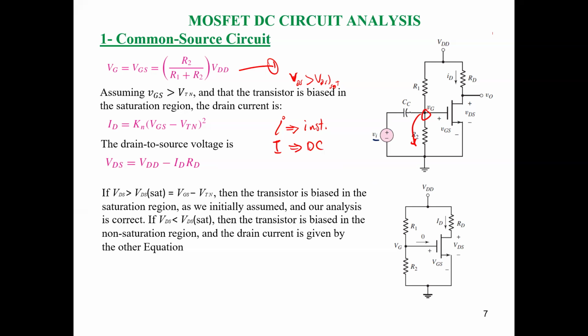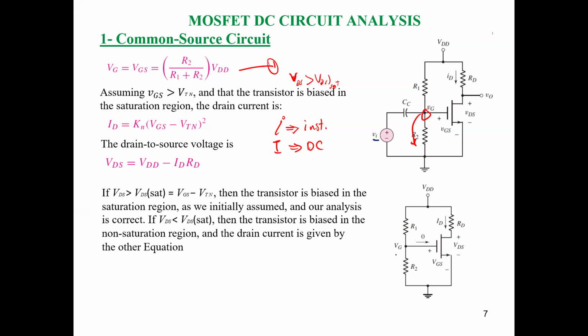For this capacitor, guys, if you have DC current, the DC current is not going to flow in this capacitor. So this is an AC coupling capacitor, and it will prevent the DC from moving here. This means our AC supply will not have any effect in our circuit, so we will remove it.